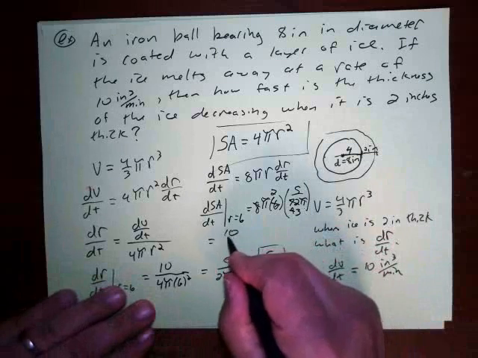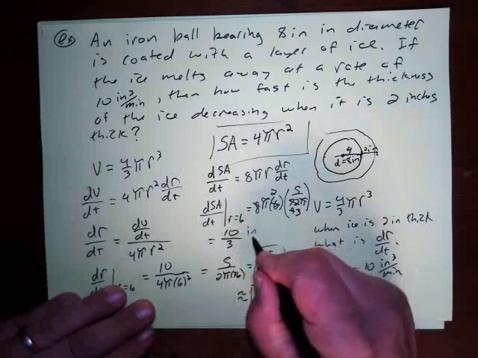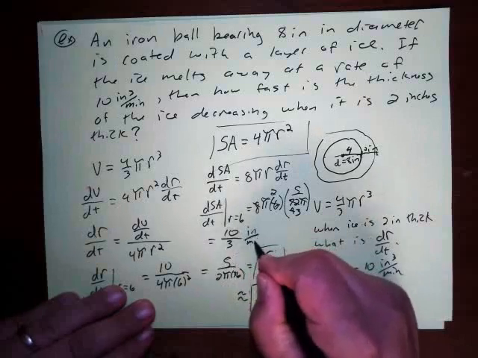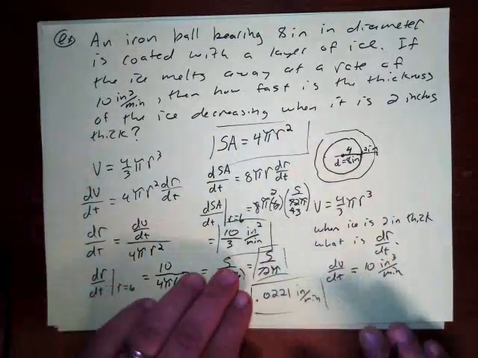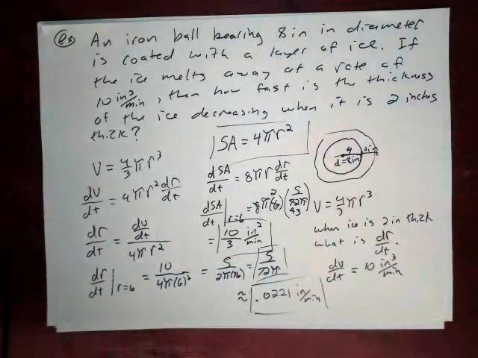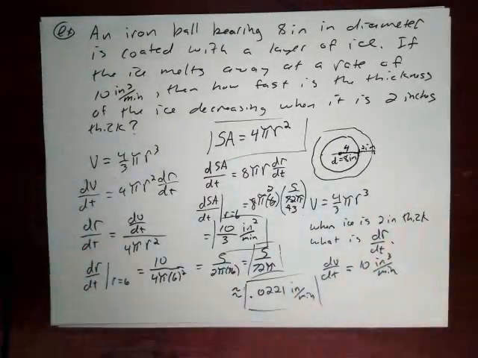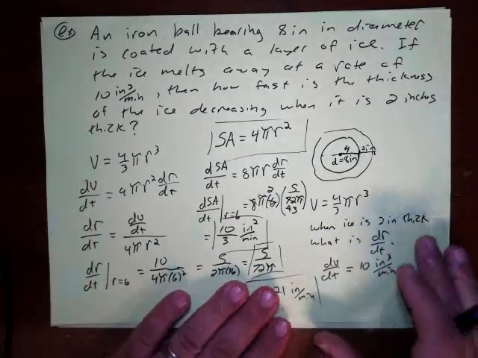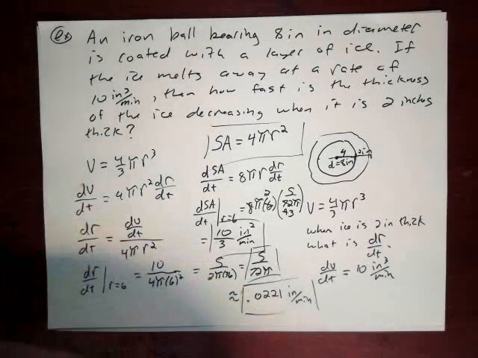So it looks like I would get 10 thirds inches squared per minute. So this is what you would get for the rate of change of the surface area. Okay, so there you go. Another related rates problem here, and I think maybe I'll do another one. We'll do at least one more here.